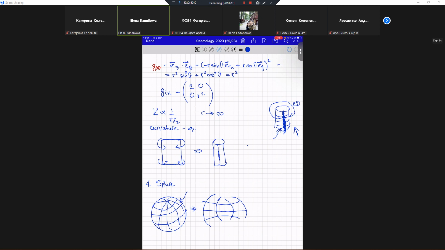And this tells you that the surface is curved, very curved. So this is the intuitive point of this.